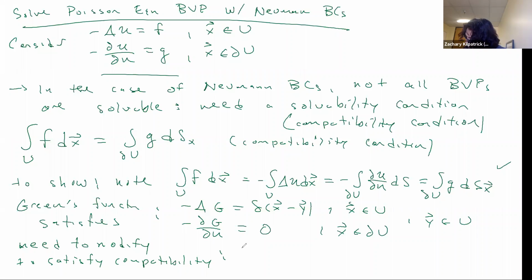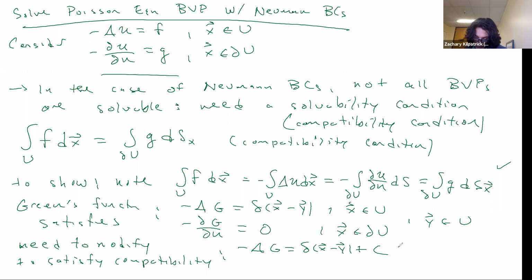And essentially, we're going to make the Green's function the solution to the problem with the delta source plus C in this case, okay? Because otherwise we can't satisfy this condition, okay?